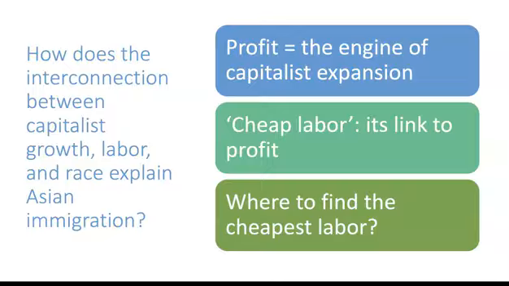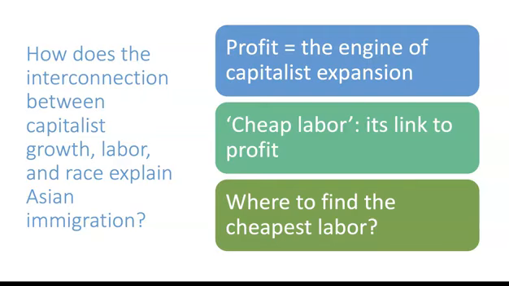Especially at this stage. So the question emerges: where do you find the cheapest labor? Well, it's usually found abroad, outside the borders of the United States. Hopefully you can see where I'm going with this logic that I'm spelling out in this interconnection, right?